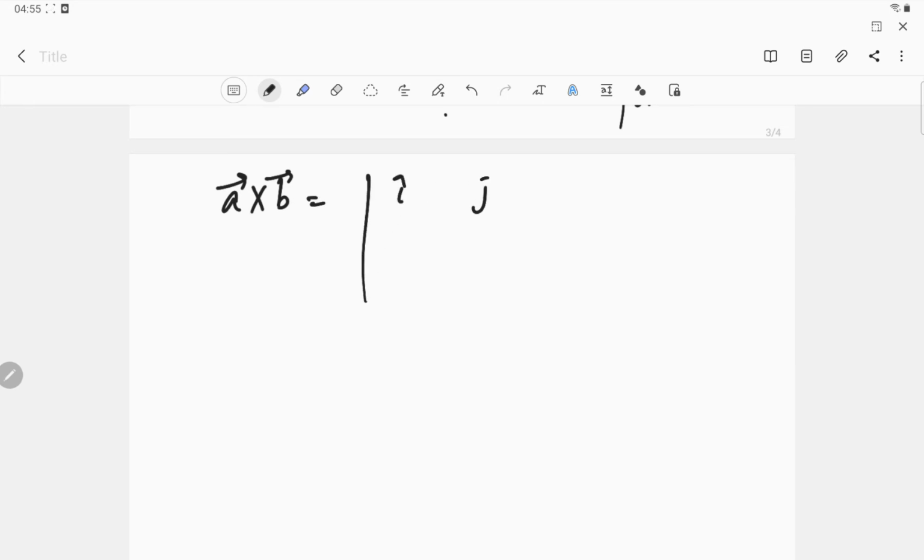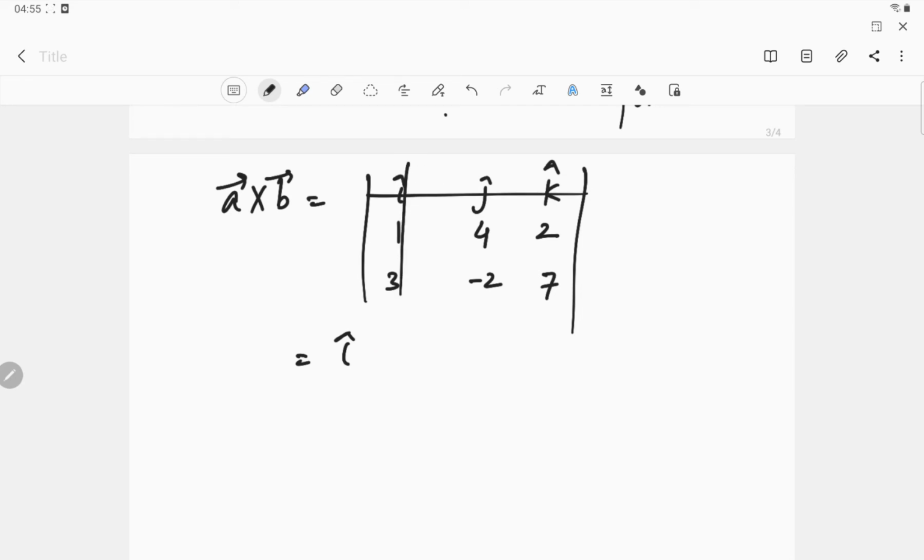A cross B is equal to, we are using the determinant form since we know the vectors A vector and B vector in the component form. 1, 4, 2 are the coefficients of i cap, j cap, k cap in A vector. 3, minus 2, 7 are the components of i cap, j cap, k cap in B vector. So now solving this using the determinant method, we are going to delete that row and column which contains i cap.